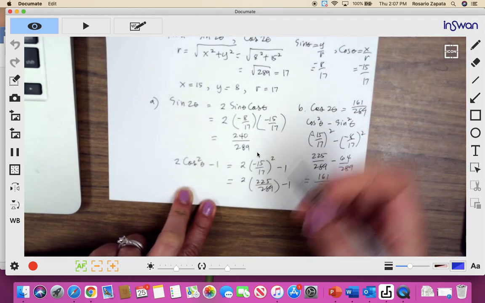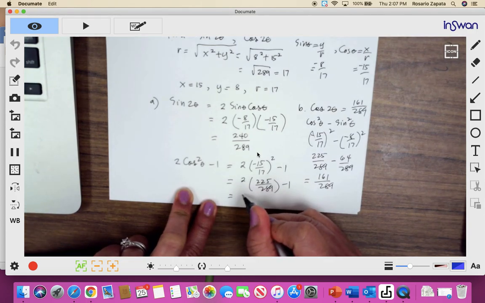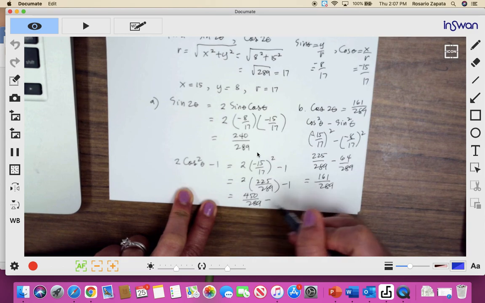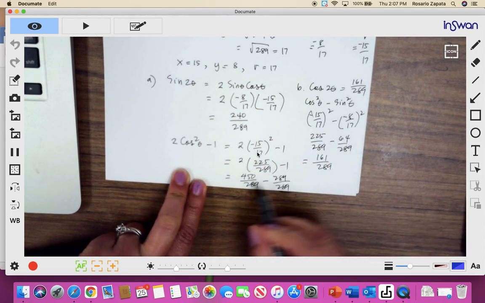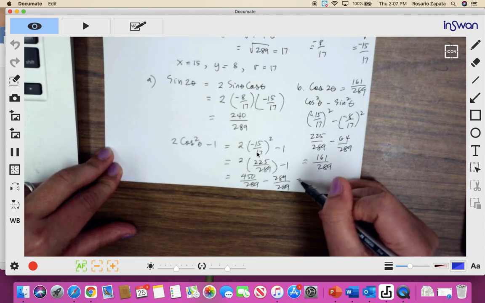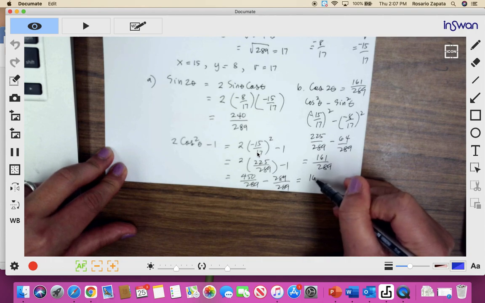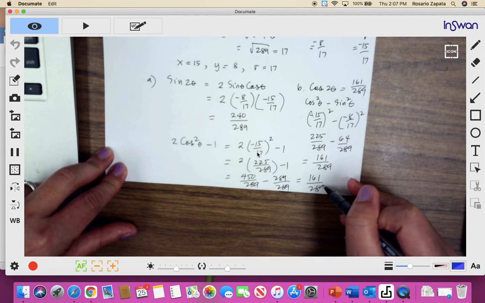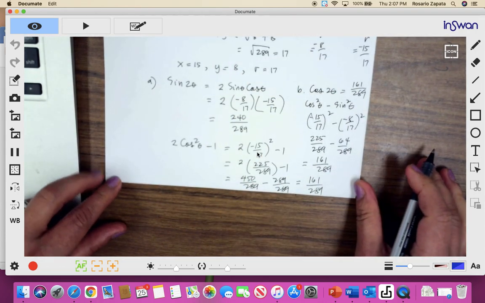And so that makes this 450 over 289 minus 289 over 289. And if we're going to subtract 450 minus 289, we would also be able to get 161 over 289. So whichever formula you will use, you will always get the same answer.